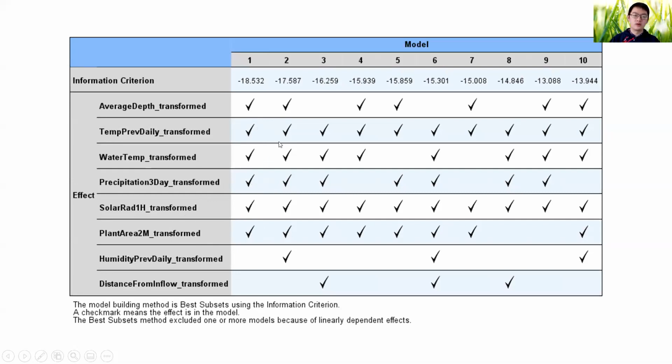And we ended up with a model with the average depth of each site, the average air temperature of the previous day, the water temperature, 3-day cumulative precipitation, the average solar radiation 1 hour prior to the flight, and average plant area 2 months prior to the flight in our model.